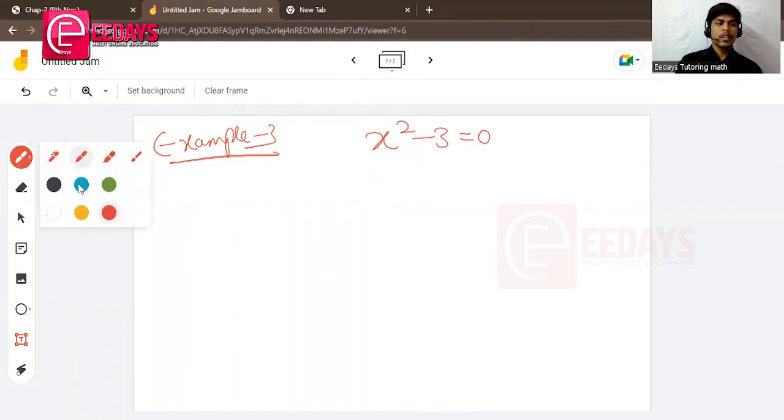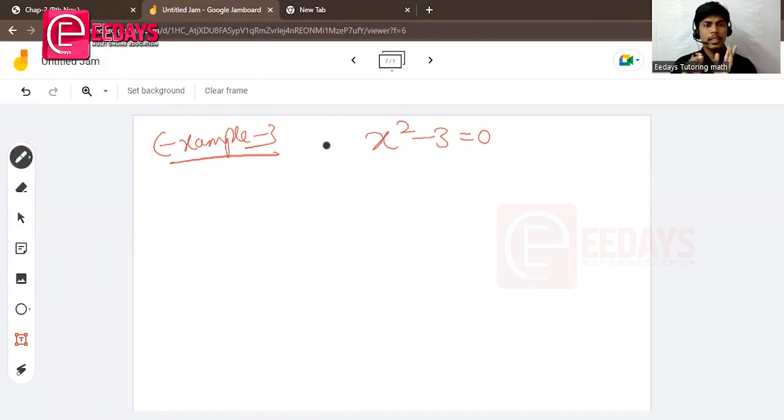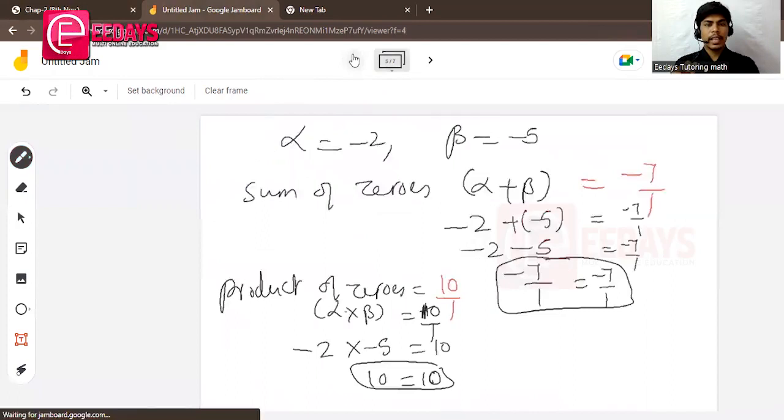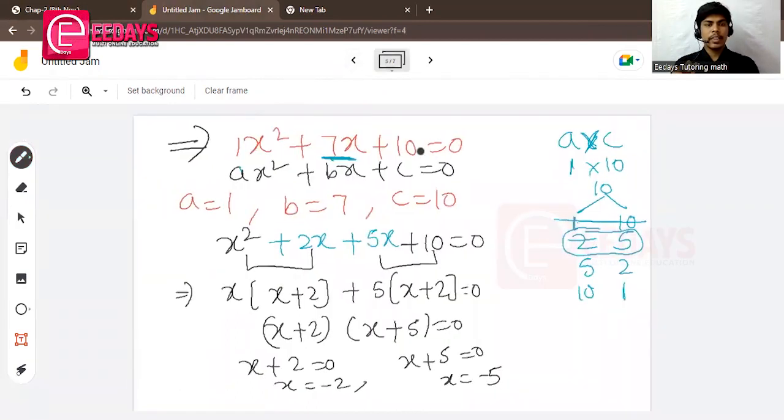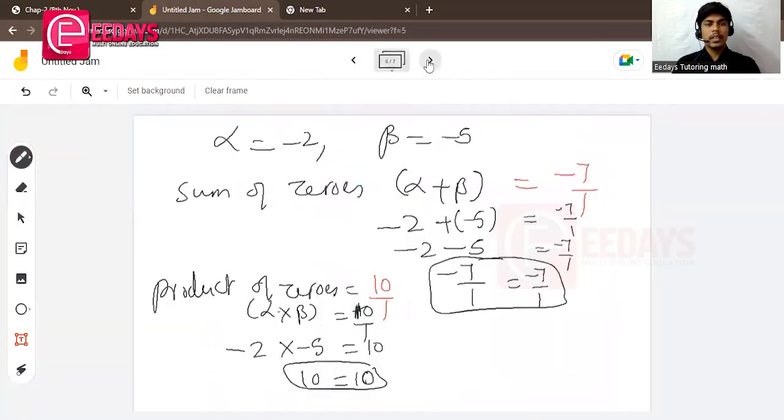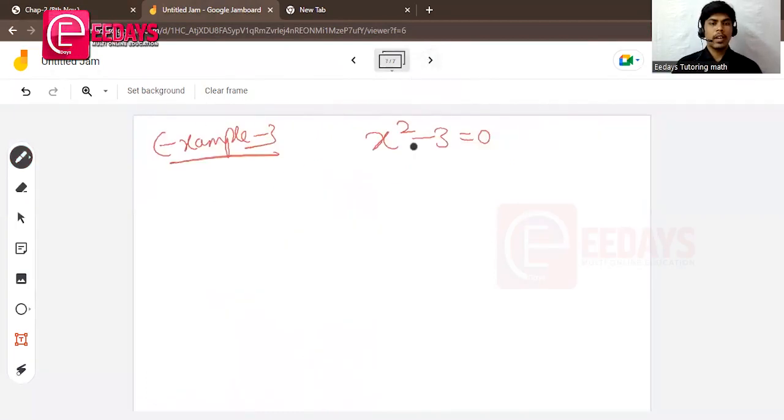Okay. First, do one thing. First we need to find the zeros, nothing but alpha comma beta. If the given equation looks like x square plus 7x plus 10, then you can split the middle term and find the zeros like this. But observe carefully here, there is no possible way to split the middle term.